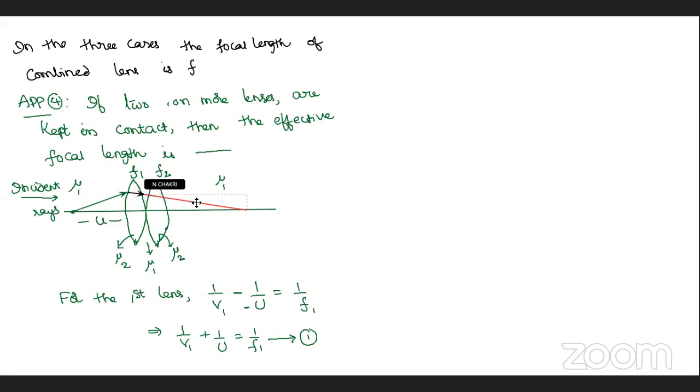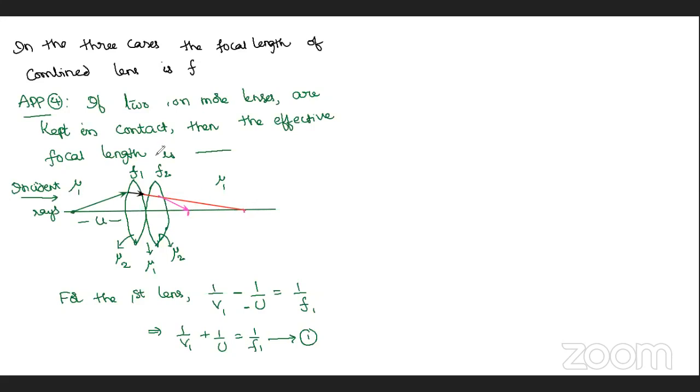Yes, sir. But due to refraction, it will go like this. Due to refraction, it may go finally like this. There is the light ray. Then identify which is red color and which other is pink color.